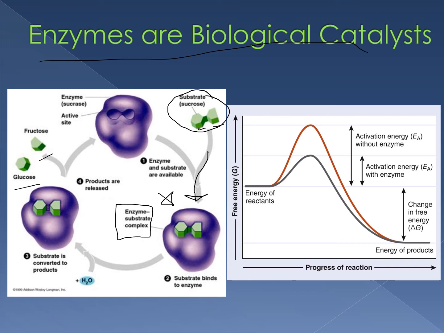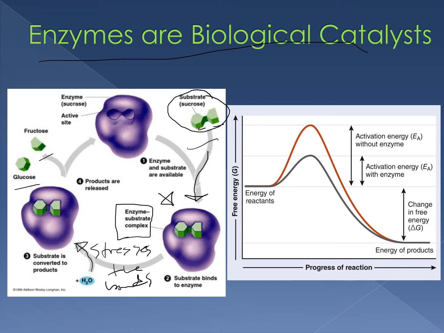When the substrate binds to the active site, this is called an enzyme-substrate complex, and this is what stresses the bonds. Like I said, it stresses the bonds and lowers the activation energy. In this case, there's another substrate that is not shown really as a substrate, although it is.